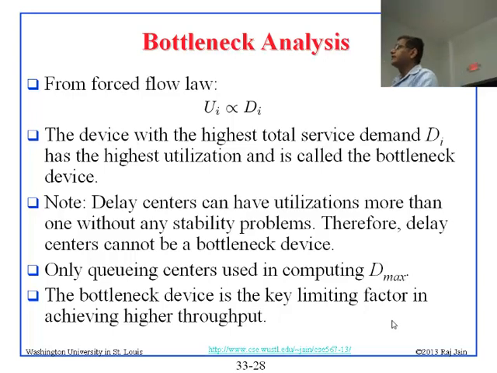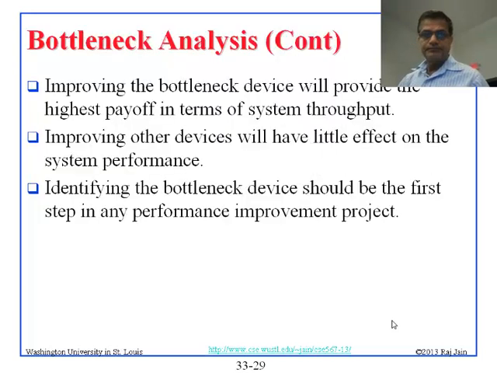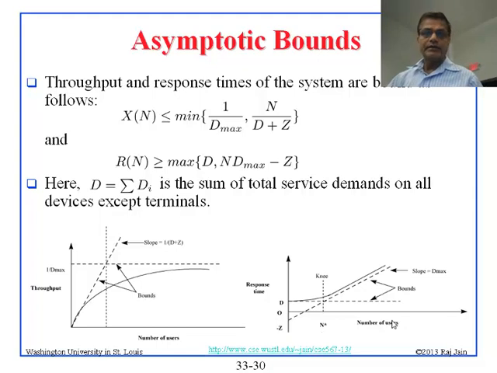So basically the device which has the highest demand has the highest utilization, and therefore all we need to do is just calculate the demand, and we know which one is the bottleneck. And we can improve the throughput by just improving the bottleneck. And so let's try to do that. And based upon that, we can write some bounds.